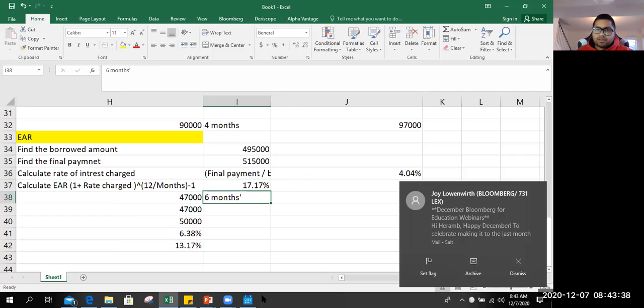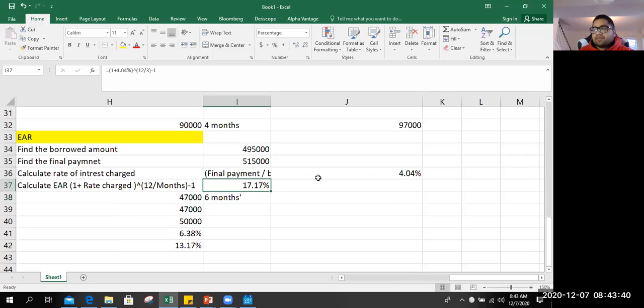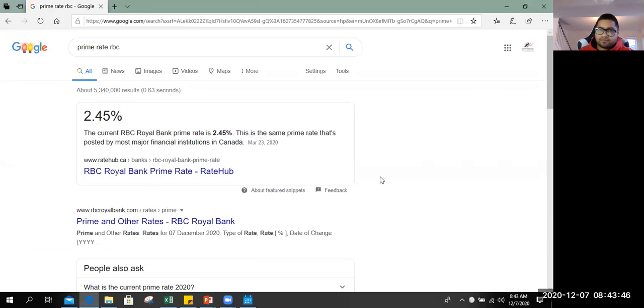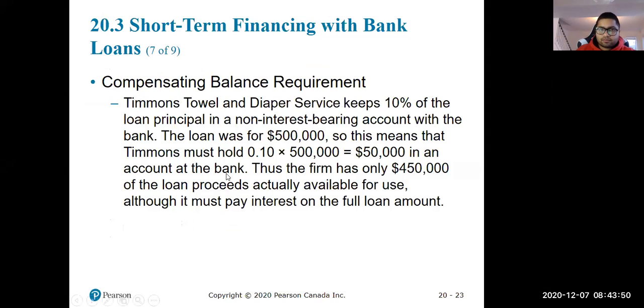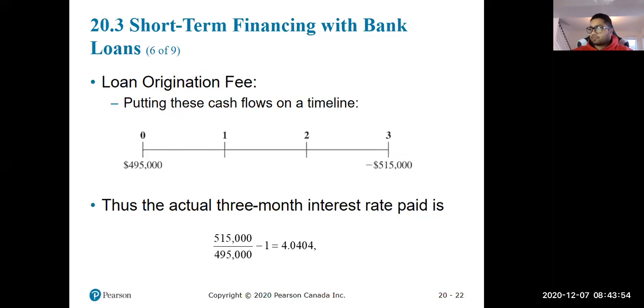So it is 17.17%. So this is how you calculate the effective annual rate. Any questions? Okay, so let's continue.